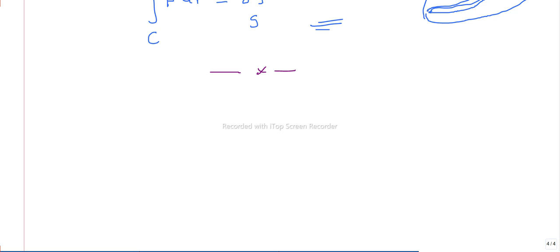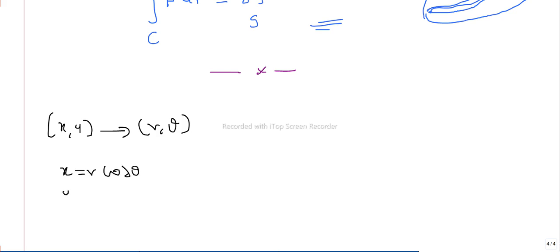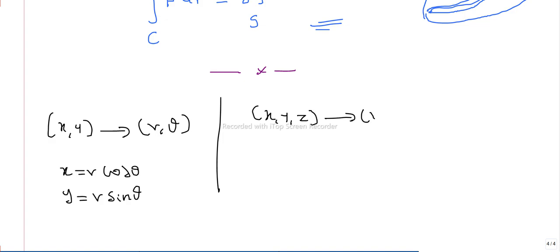So from x, y we change to polar coordinates r, theta: x equal to r cos theta, y equal to r sin theta in the two-dimensional case. Same thing here. Suppose we have to change the Cartesian coordinates x, y, z to r, theta, phi. What is the substitution?